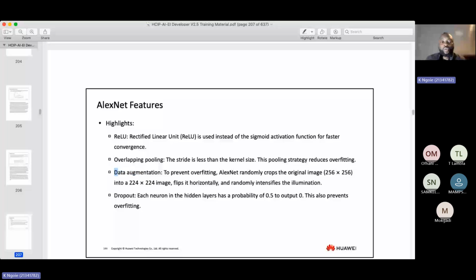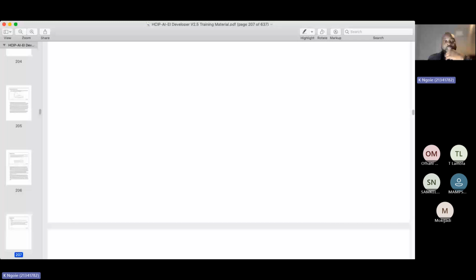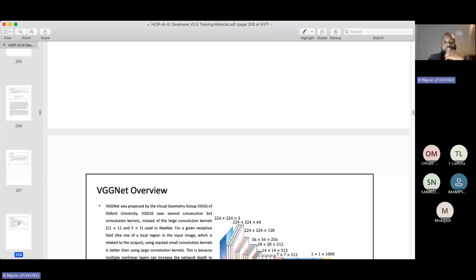And another technique used to prevent overfitting is dropout, which means that it can leave out a certain part of the neural network during training. All right, guys.